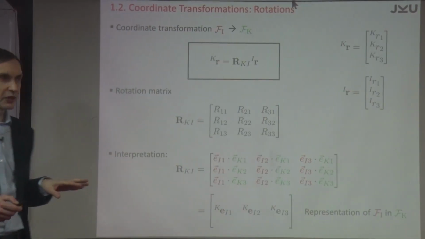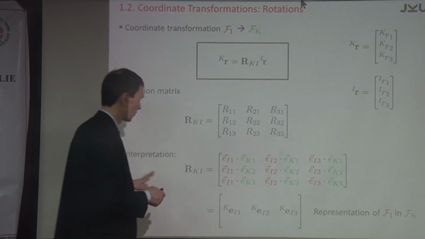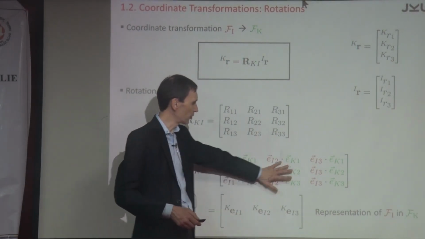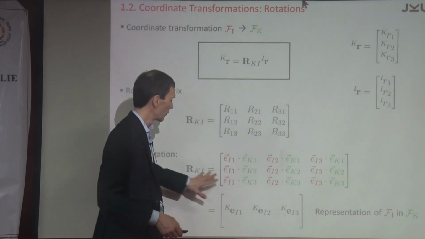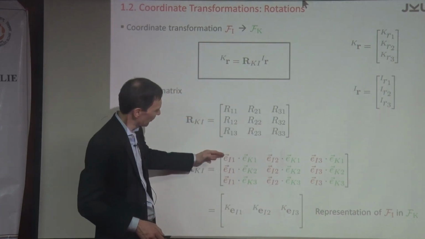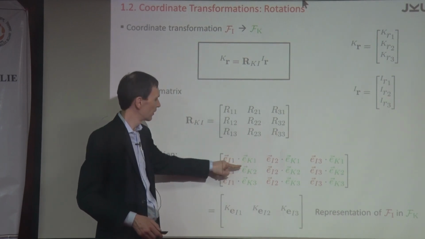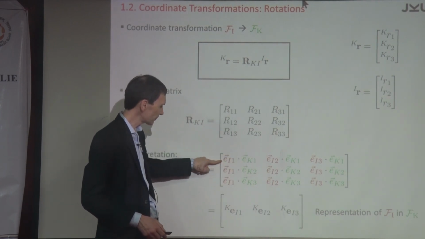What are the properties of rotation matrices? Essentially, this is what you see here. What is the meaning here? Who's good at math? Essentially, what you do is represent the axis of the green frame in the I frame.